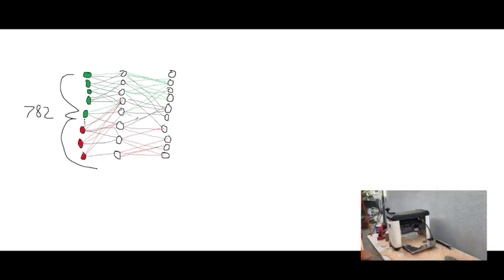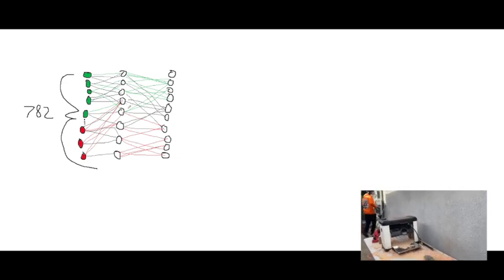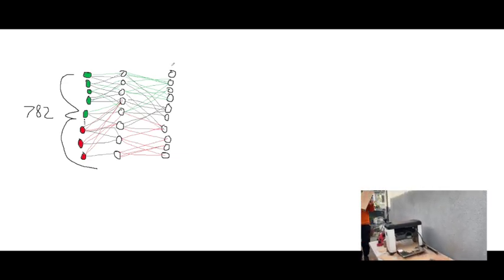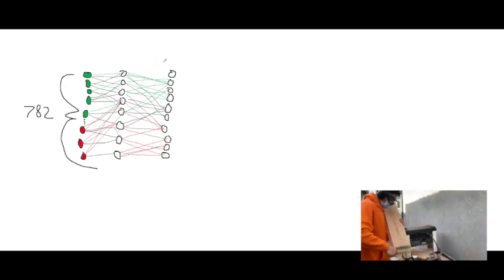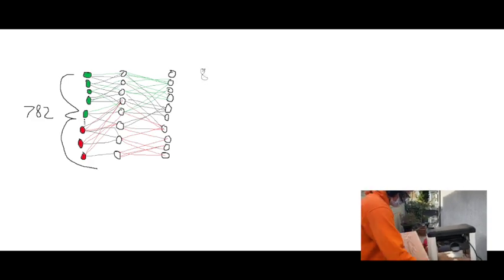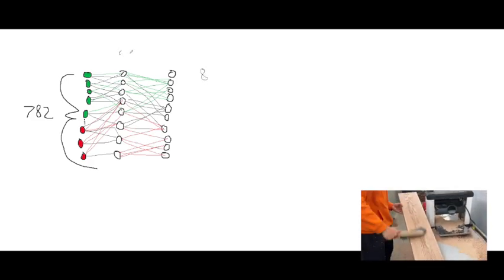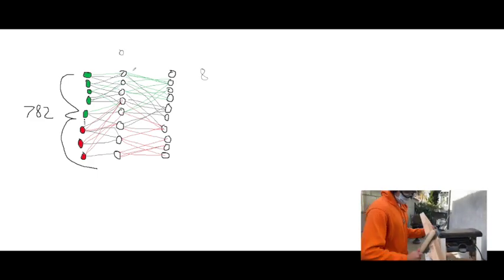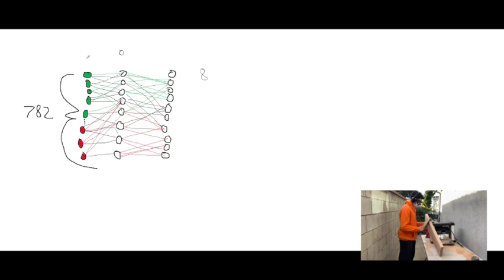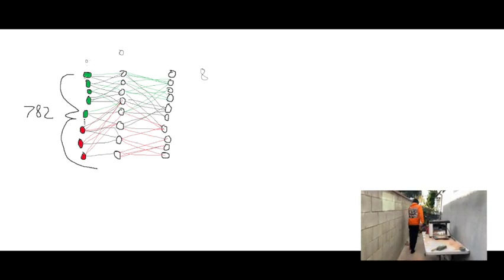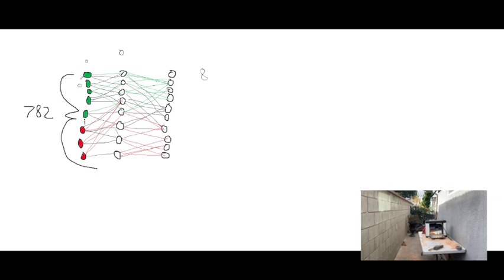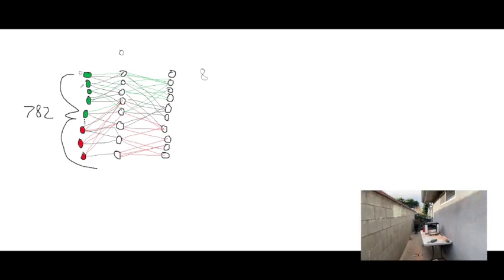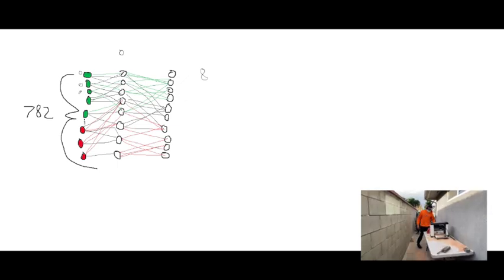And the output layer, which is indicated by a 0, a 1, a 2, 3, 4, 5, 6, 7, 8, and a 9, the 10 individual numbers for the output. Think about the output values.